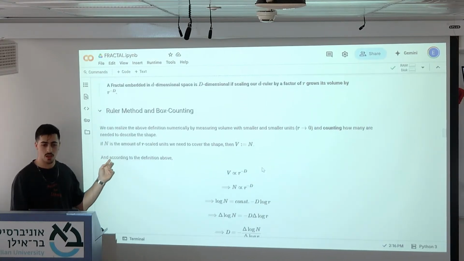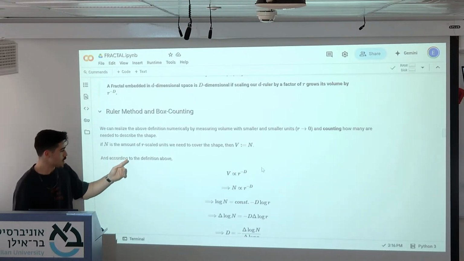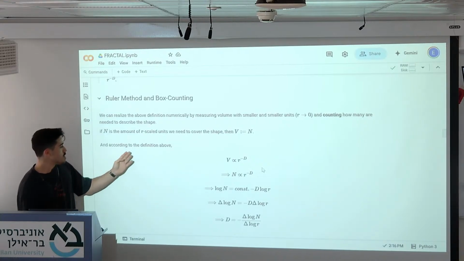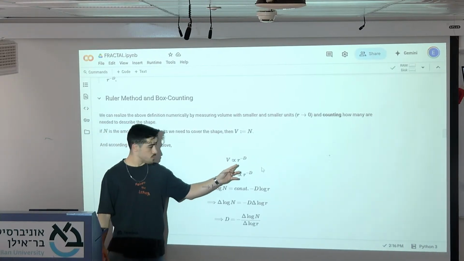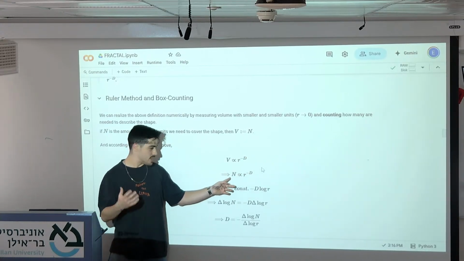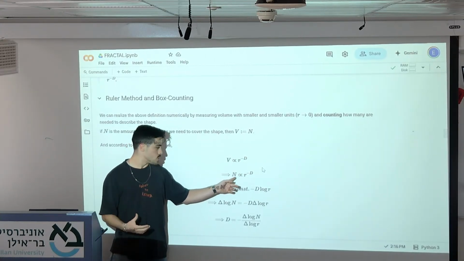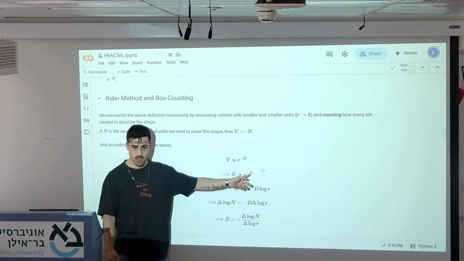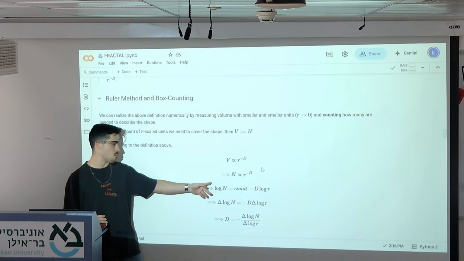So let's actually try to do this in practice. According to this definition we just saw, the volume of the shape is proportional to r to the negative d. But the volume and the amount of areas or volumes we count is the same thing, so n is proportional to r to the negative d, the amount of rulers we count.